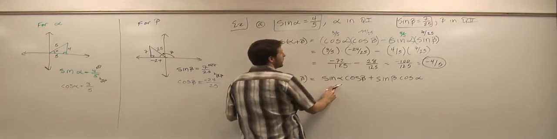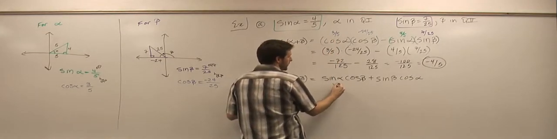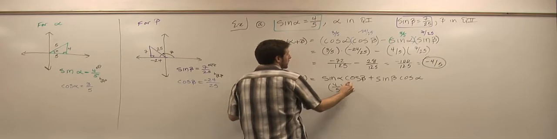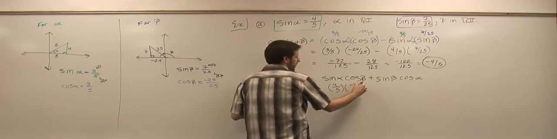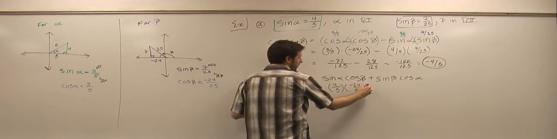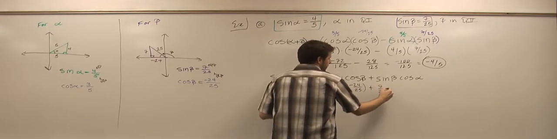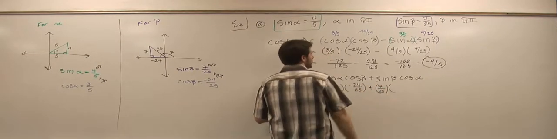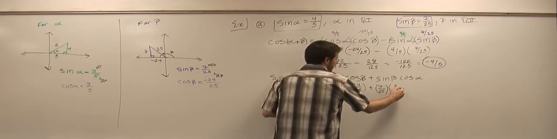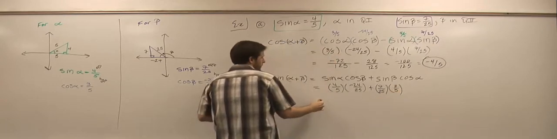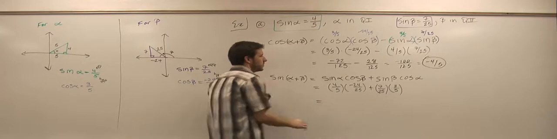Let's see, so sine alpha, 4/5. Cos beta, negative 24 over 25. Sine beta, 7/25. Cos alpha, 3/5. Get it all out.